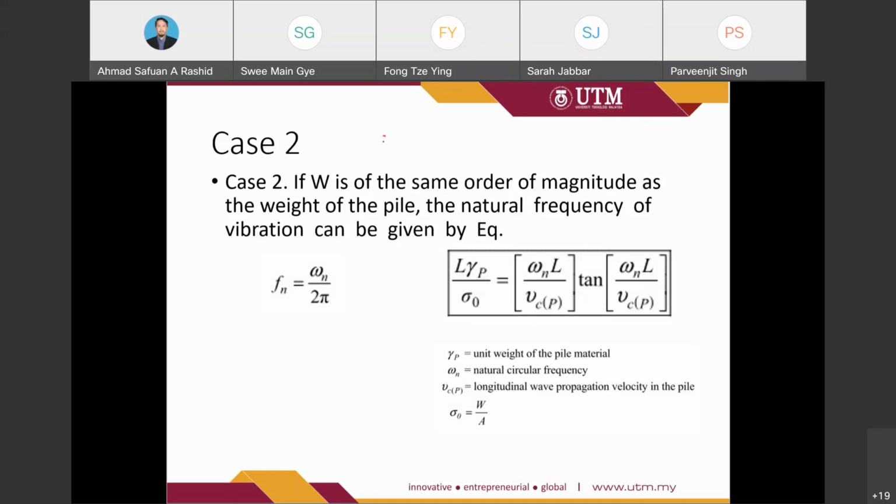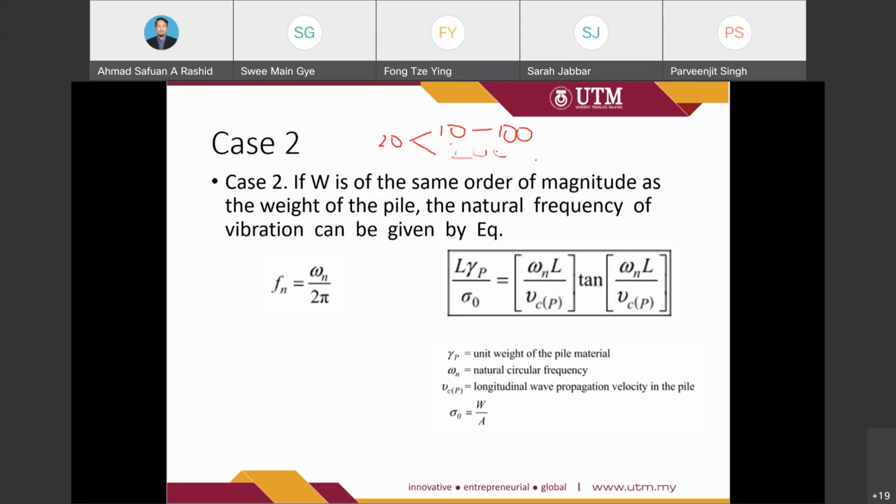So for example, if the pile weight is 20 and W, the magnitude of the load, is around the same order, 10 to 100, or slightly bigger, it should not be greater than 200.